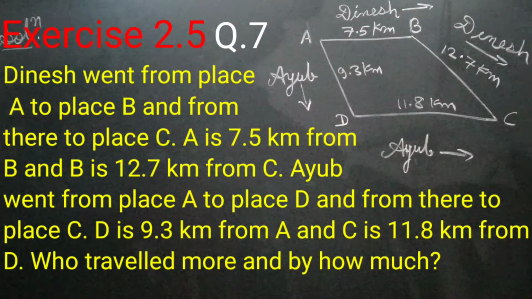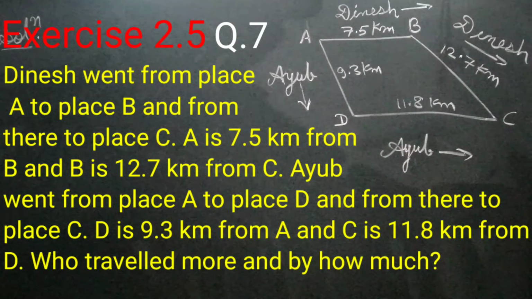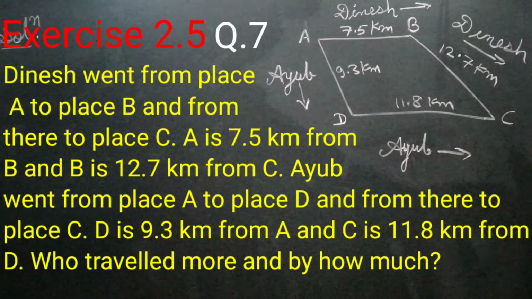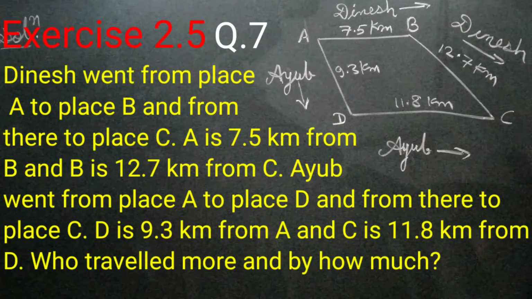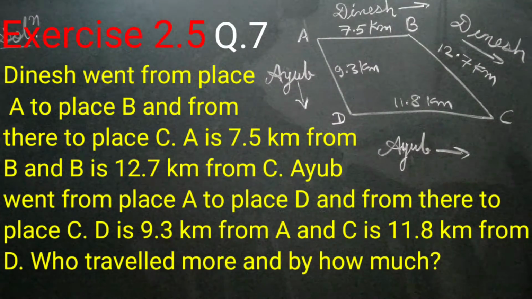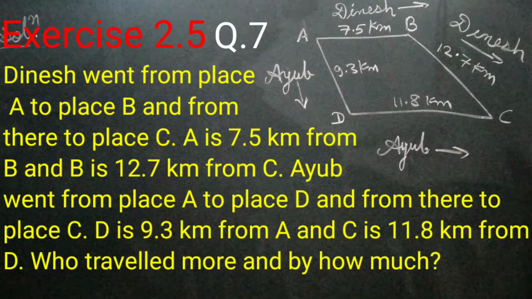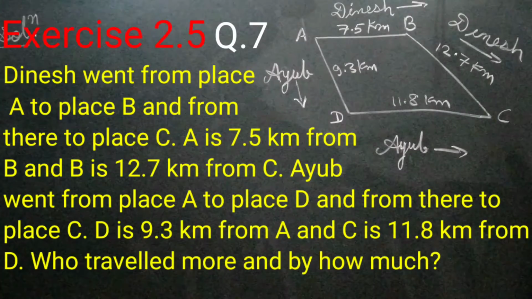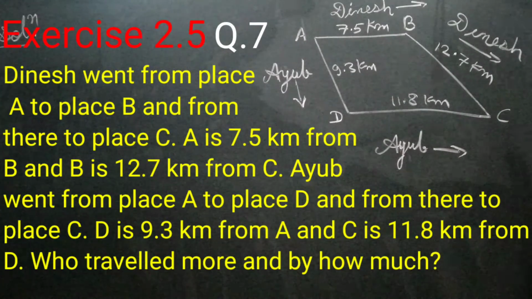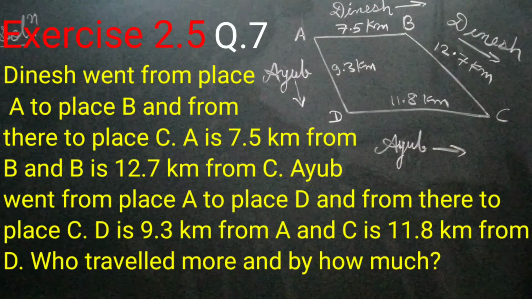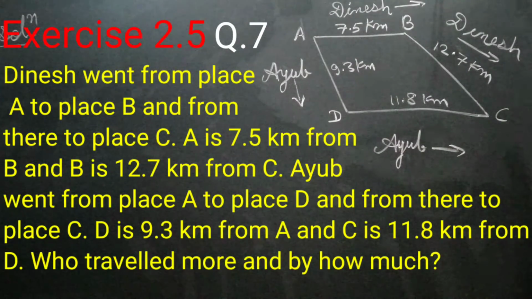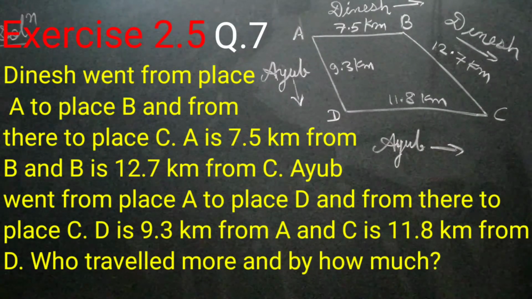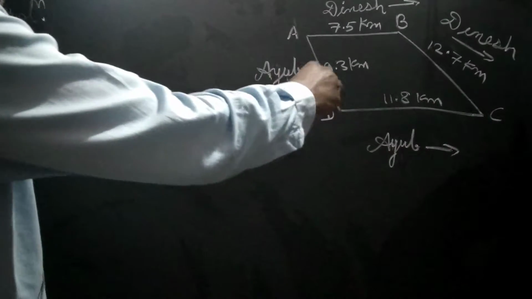Dinesh went from place A to place B and from there to place C. A is 7.5 km from B and B is 12.7 km from C. Ayub went from place A to place D and from there to place C. D is 9.3 km from A and C is 11.8 km from D. Who travels more and by how much? Clear from the given figure.